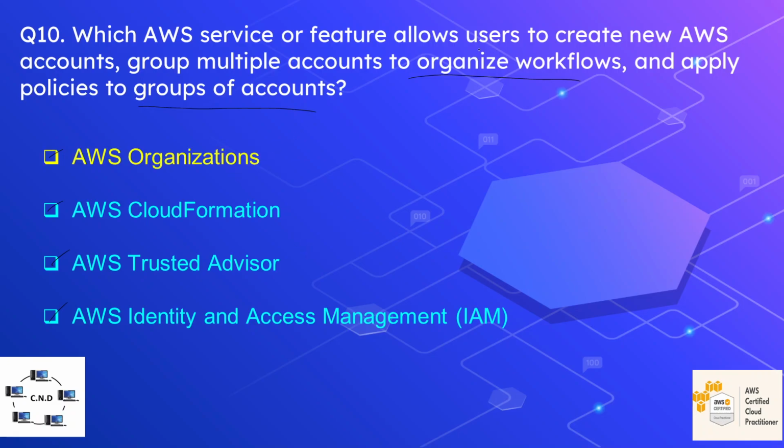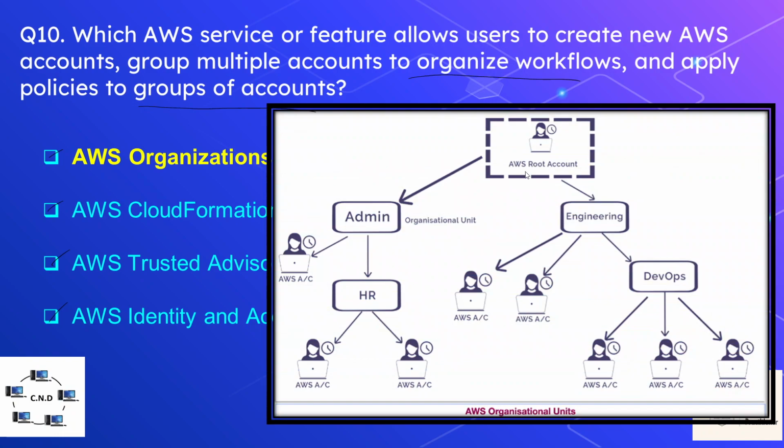It can be used to create new accounts, group multiple accounts to organize workflow, and apply policies to these accounts. And this is a visual of AWS Organizations, showing how it works. So you have the master root account, and using this you can create organizational units, depending upon your requirements.